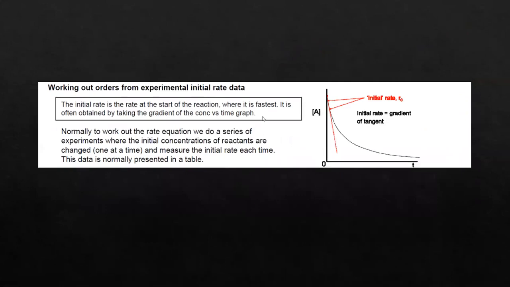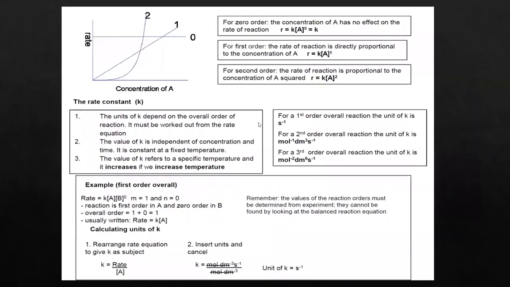Most of the time, the order which we predict from an equation may not be the actual order. For example, if you have a chemical reaction where A reacts with 2B and forms a compound C, the rate expression is rate equals K times the concentration of A times the concentration of B raised to power 2.